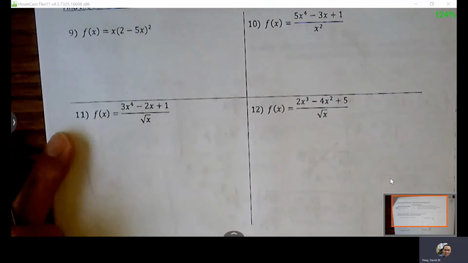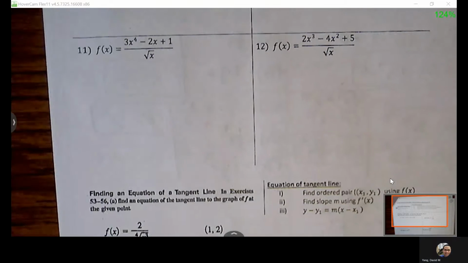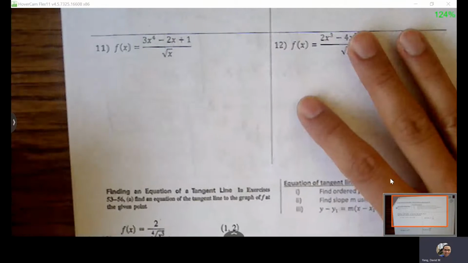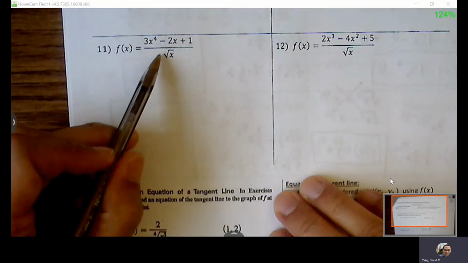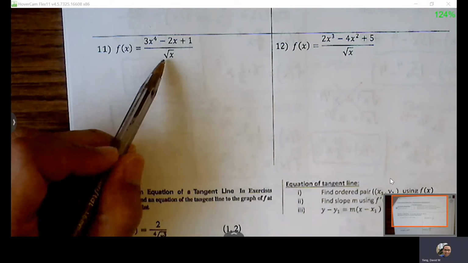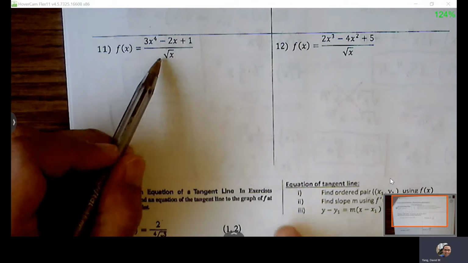Let's do number 11 first. Okay, 11. All right, what do you notice about 11? Get rid of the radical. That radical is two things, right? The radical is in the wrong form, and also it's in the wrong place.